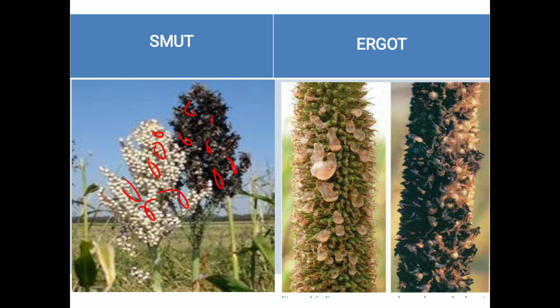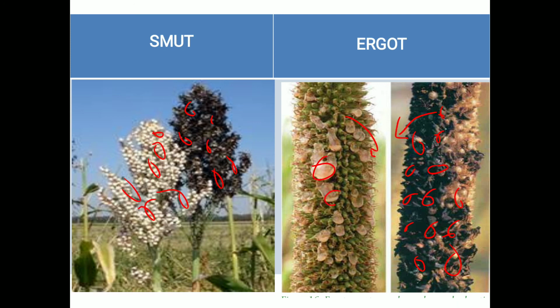Then ergot means what? Ergot and smut are somewhat similar. What happens here? The grains are replaced by a blackish powdery mass, mostly at the flowering stage. From the infected portion, gummy or honey-like sticky substances are exuded from the ear head.